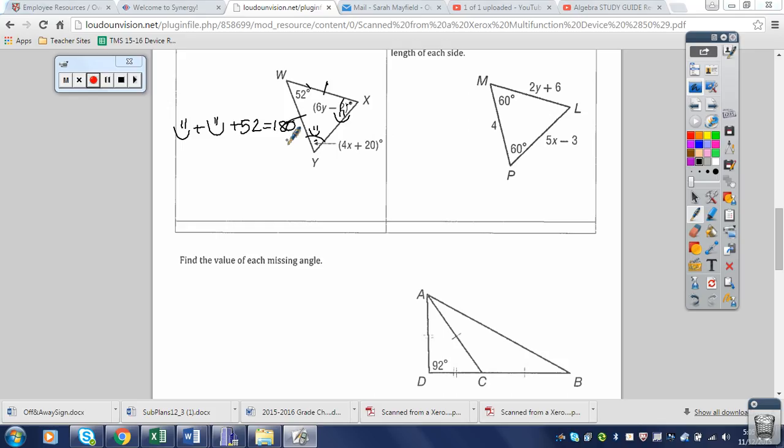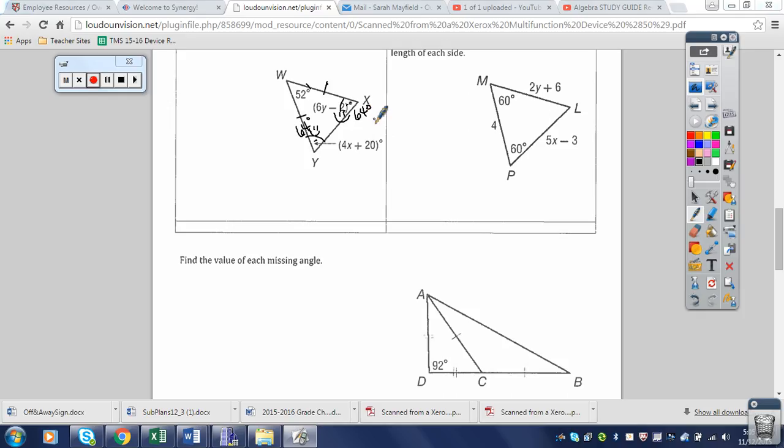So if I take 52 out of 180, you're left with 128. So these two values have to add up to equal 128. So they're congruent, so you just take 128 divided by 2, you get 64. So each of my smiley faces equals 64 degrees.